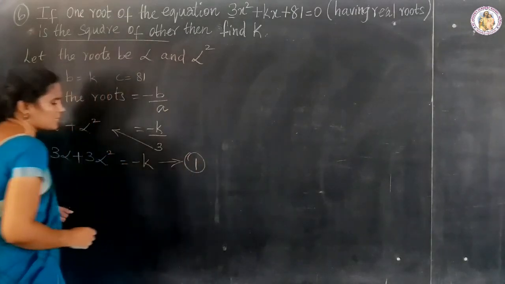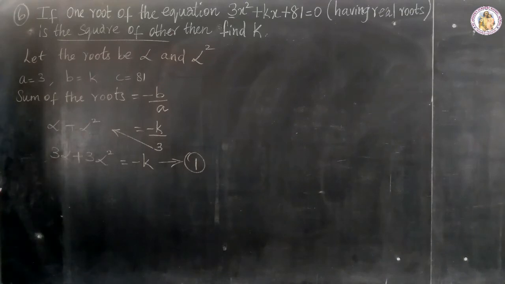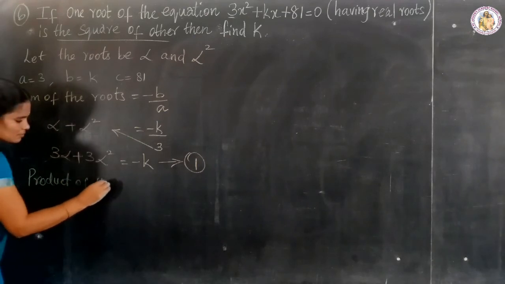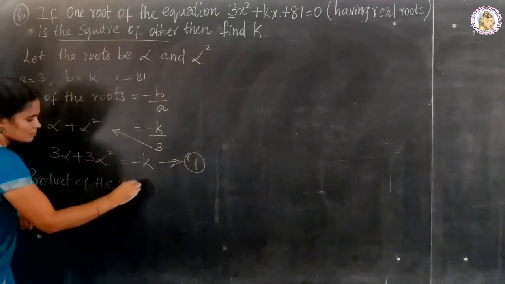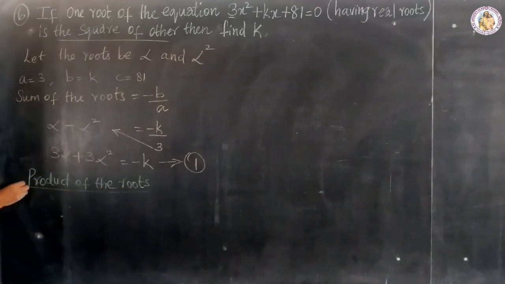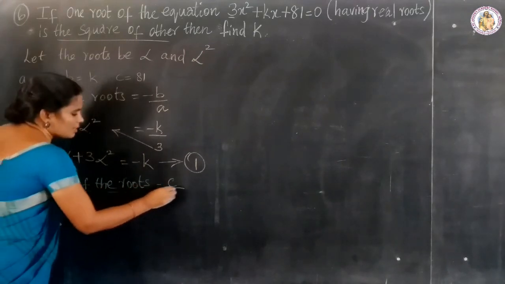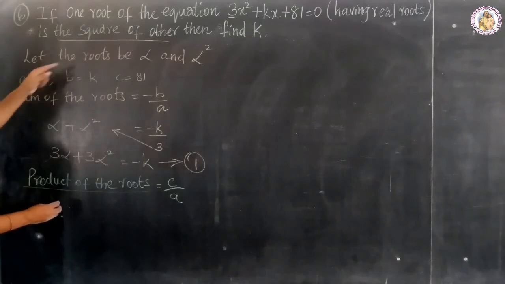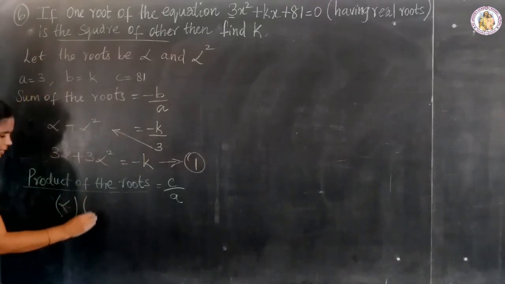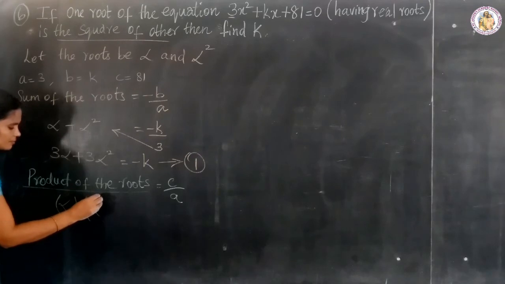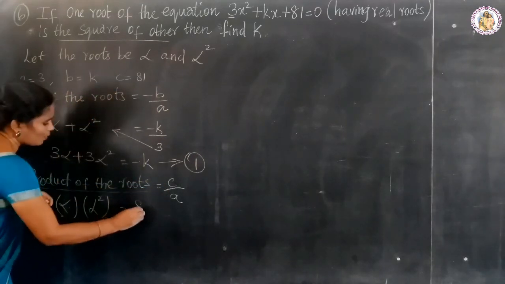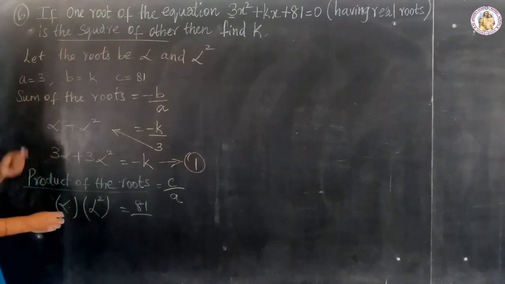Now minus k is 3 alpha plus 3 alpha square. Having this as the first equation, now let us find the product of the roots. Product of the roots is equal to c by a. So alpha into alpha square is equal to c by a. C is 81 and a is equal to 3.